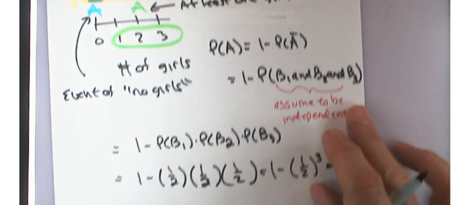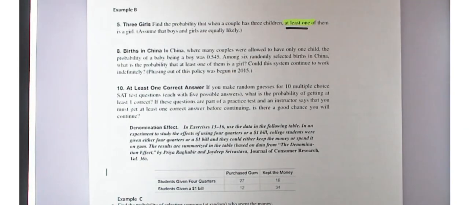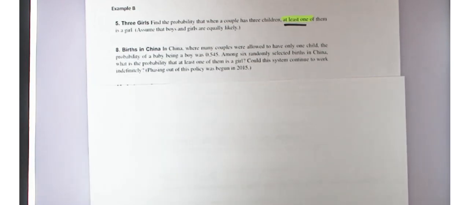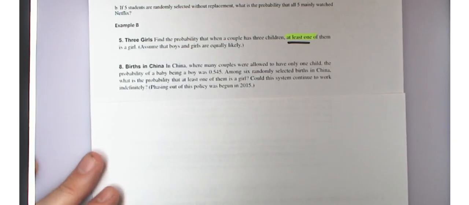All right, let's move on down to births in China. I don't know when it ended. Hannah, did you ever find out when the one child per couple policy ended? 2015. Okay, so for the longest time, China had a one child per couple policy, and that led to a skew in the data.